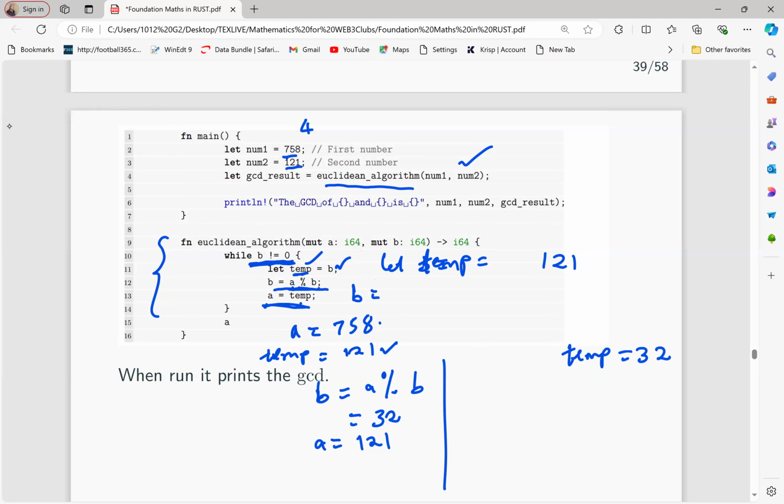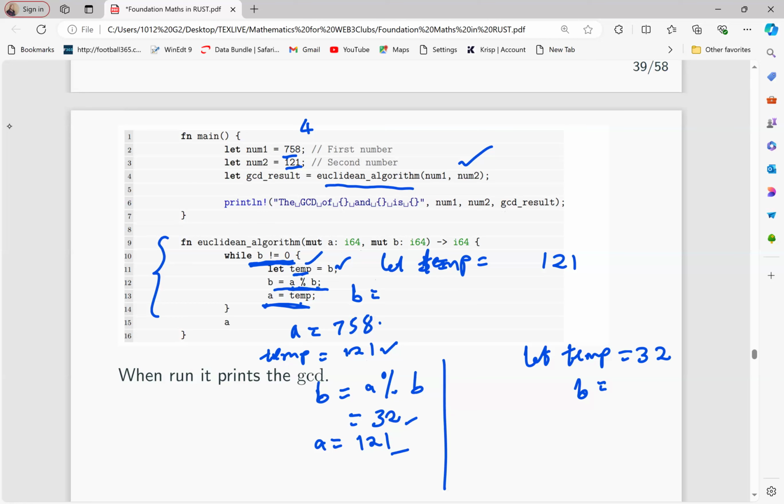What is B? B is the remainder of A on division by B. This is our A and this is our B. 121 on division by 32 goes 3 times, and the remainder is 25.